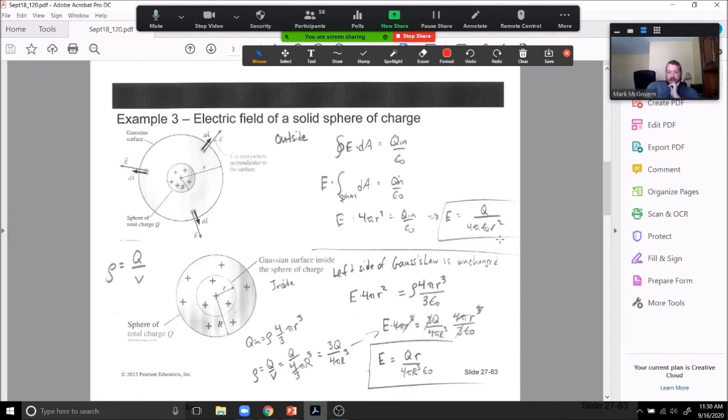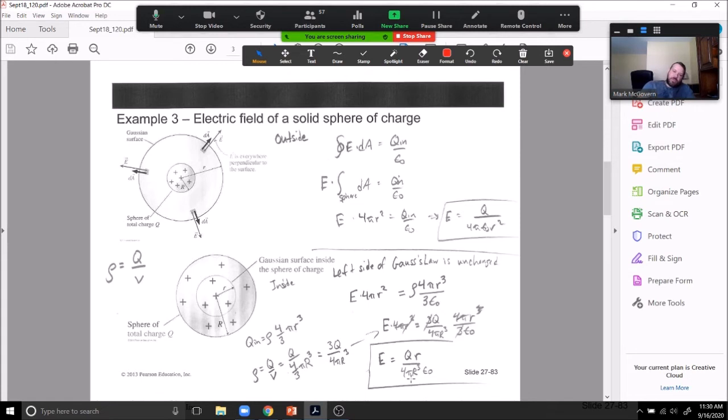Some 4 pi's go away, some r goes away, and we end up with this expression down here, which is pretty interesting. Let's see what's going on with this thing. The electric field inside the sphere is linear with distance. That's crazy, right? So if you're in the center, the electric field is 0.